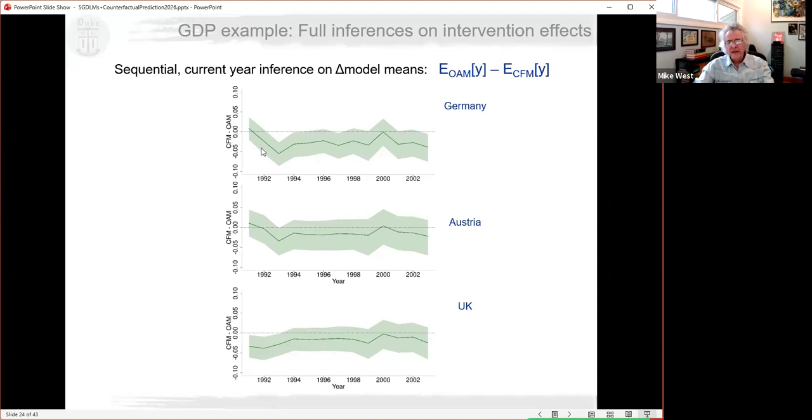And we'll see the minus 0.05 on the difference log scale here for Germany is pretty persistent across the decade or more after the intervention. Less severe and more uncertain, of course, in Austria, about half the level in terms of its global reduction, and about the same in the UK.